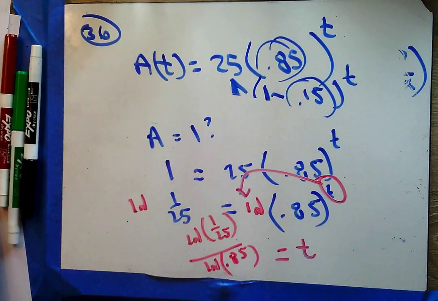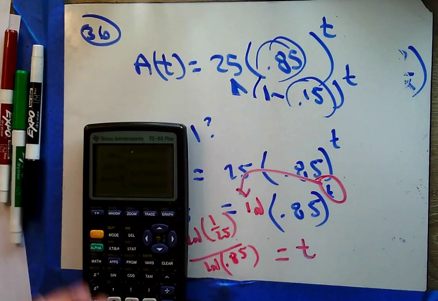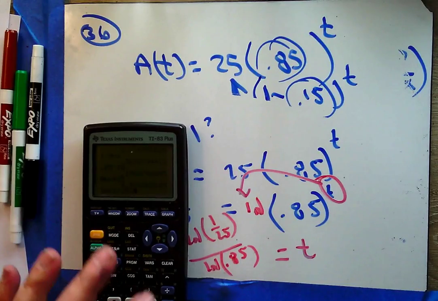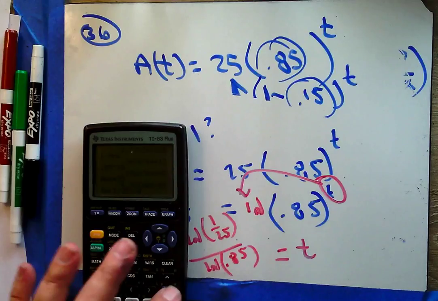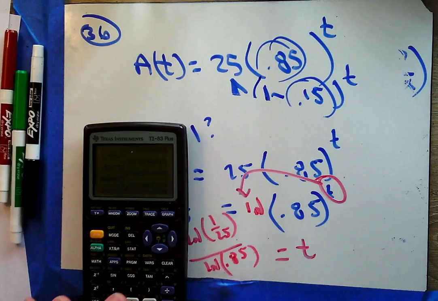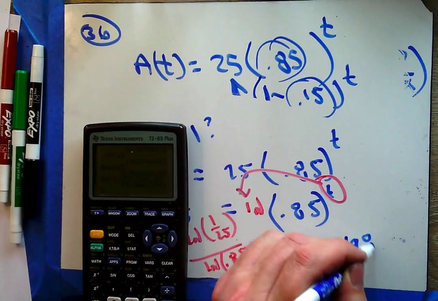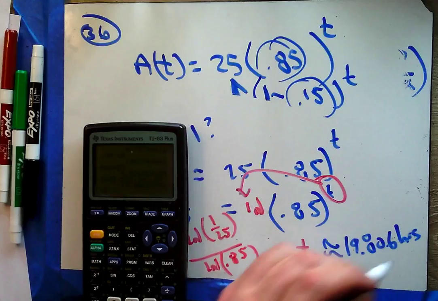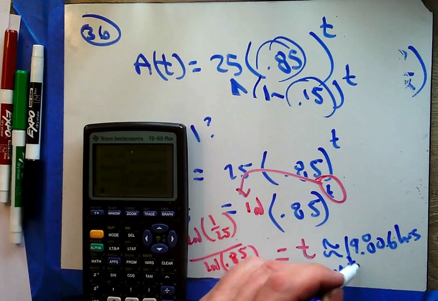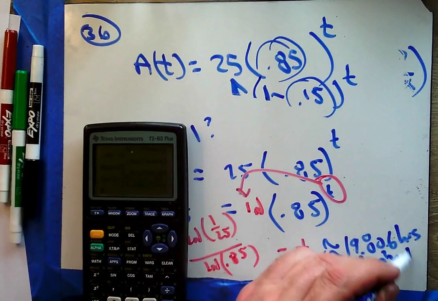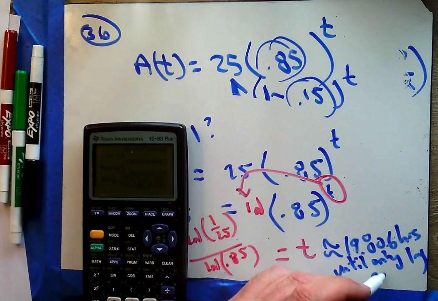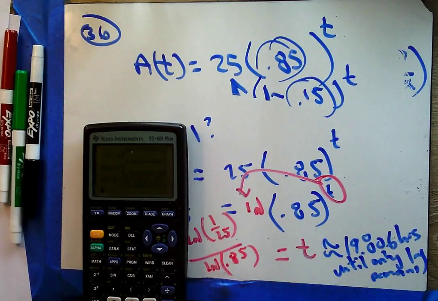And, to go any further, I'm going to need to pull out my calculator. ln of 1 divided by 25 divided by ln of 0.85. And I get t is approximately 19.806 hours until only 1 milligram remains.